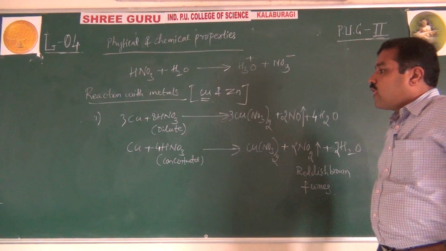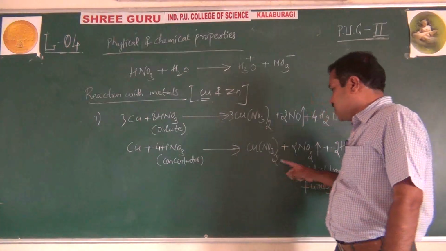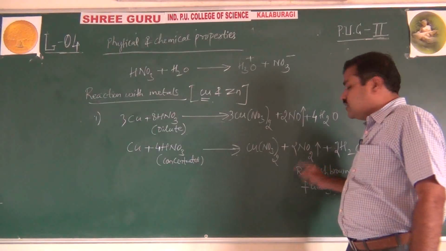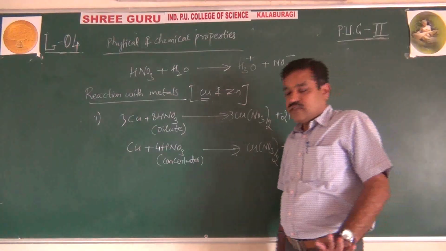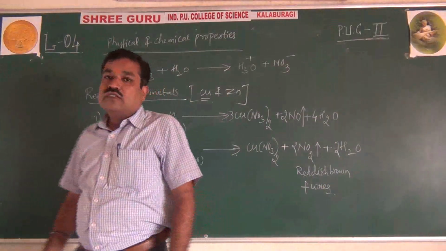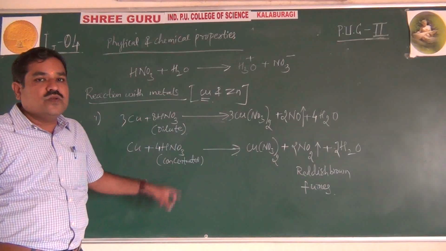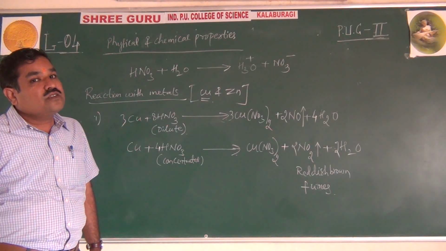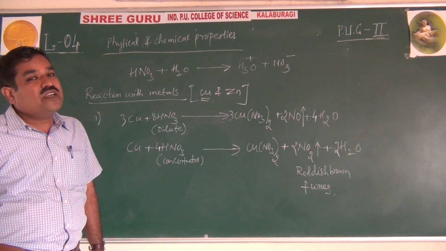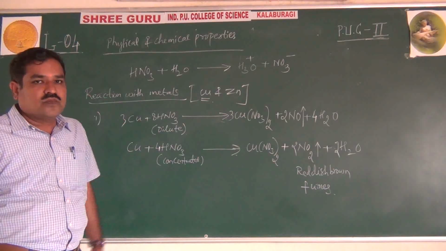But the same copper dissolves in concentrated nitric acid and forms copper nitrate, but this time it liberates reddish brown fumes of nitrogen dioxide. That's the difference between the two cases, whether the acid is dilute or concentrated. That's why I told you the products depend on the concentration, temperature and material. This is for copper.